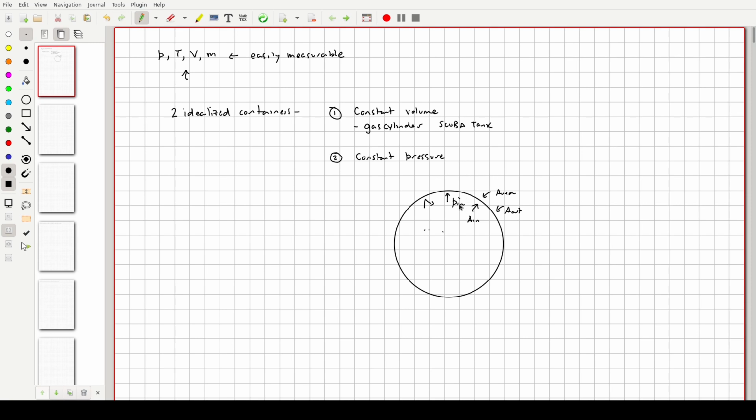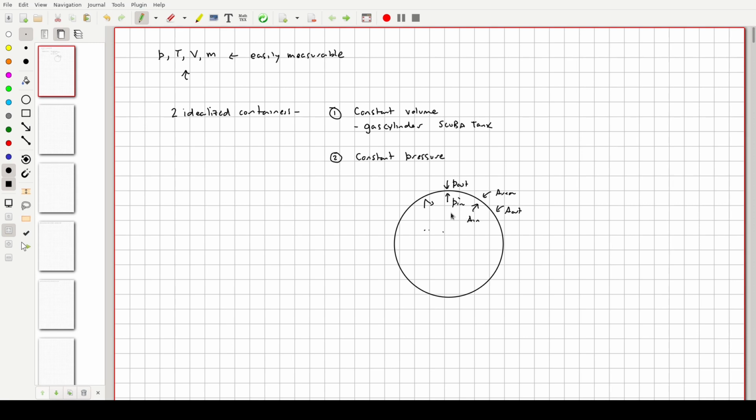And what that means is that since the surface of the balloon isn't expanding or contracting at that point, that means that whatever forces sit on the outside that are acting against it are going to have to be balanced out by the forces on the inside. So if you think of that force being applied over the area here, that means that the pressure on the outside is the same as the pressure on the inside.